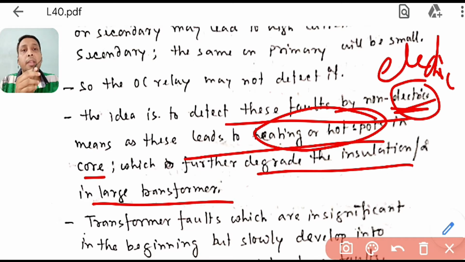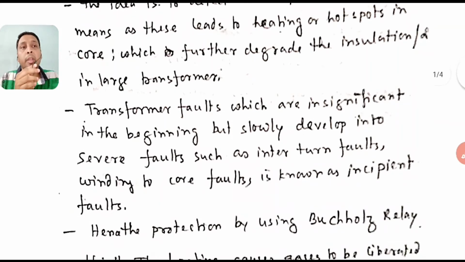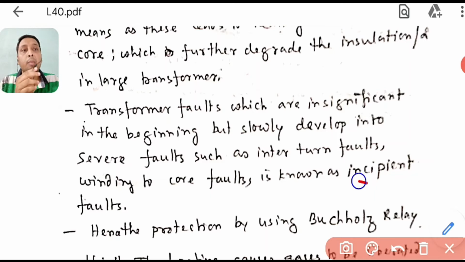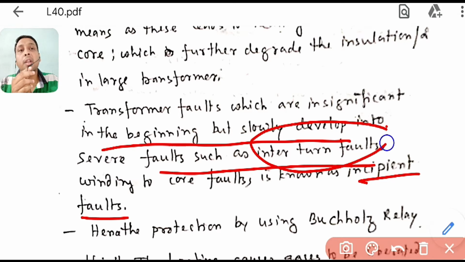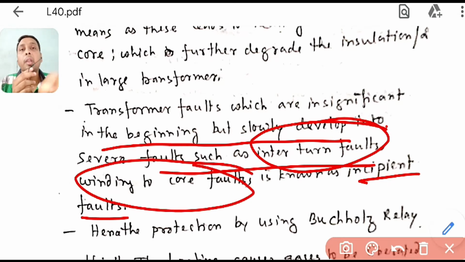Next, there is another term known as incipient faults. These are faults which at the beginning are very slow, but develop into severe faults, like an inter-turn fault or winding to core fault. They are small in quantity, but they gradually degrade the transformer. These are known as incipient faults.